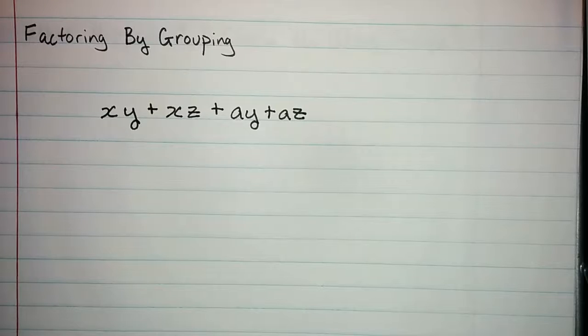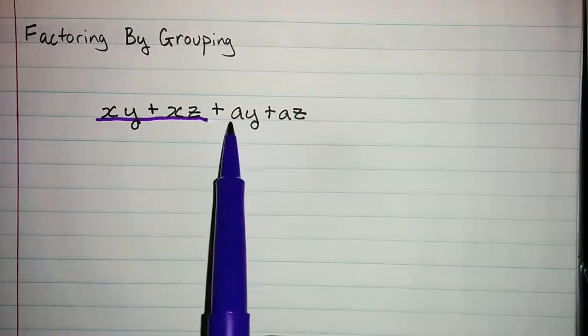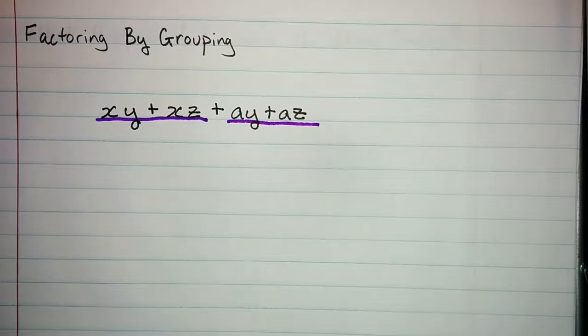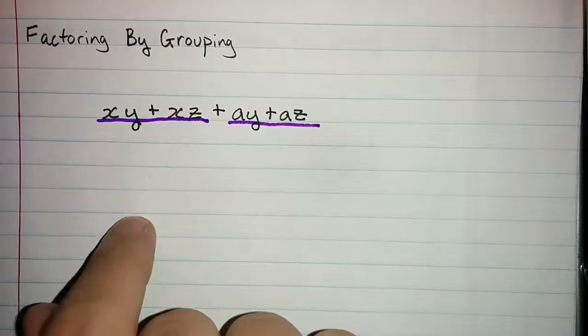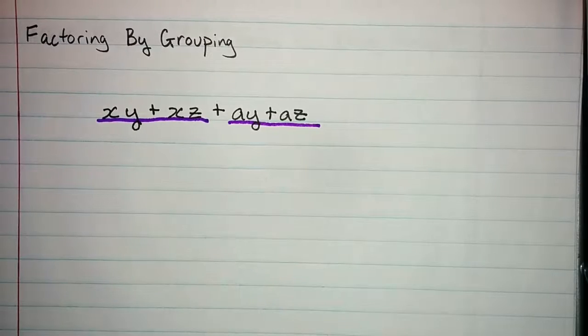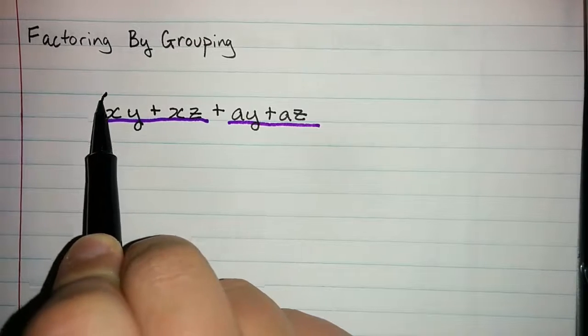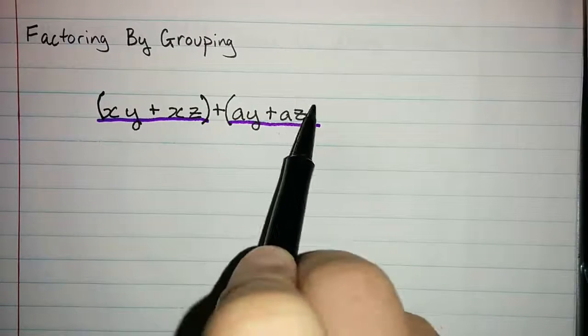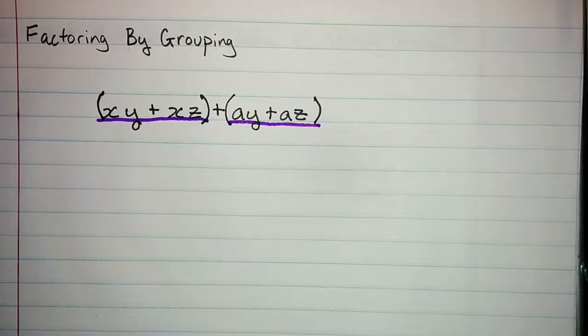Looking at this polynomial, I see that the pairs of terms, these two and these two, have something in common, right? These two terms have a common factor of x, and these two terms have a common factor of a. Addition is associative, so I can think about just these two pairs of terms.